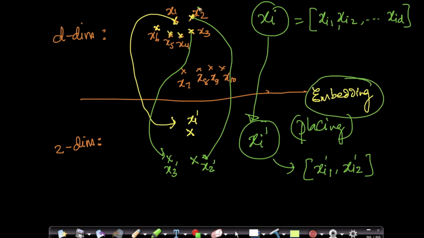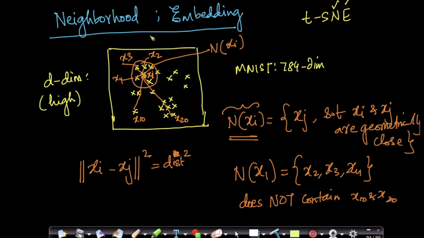Think of it as picking up a point in a high dimensional space and placing it in a low dimensional space. That's what embedding means. We'll understand t-SNE in more detail, but I wanted to define these two terms, neighborhood and embedding. We'll understand the t distribution and stochastic a little later.